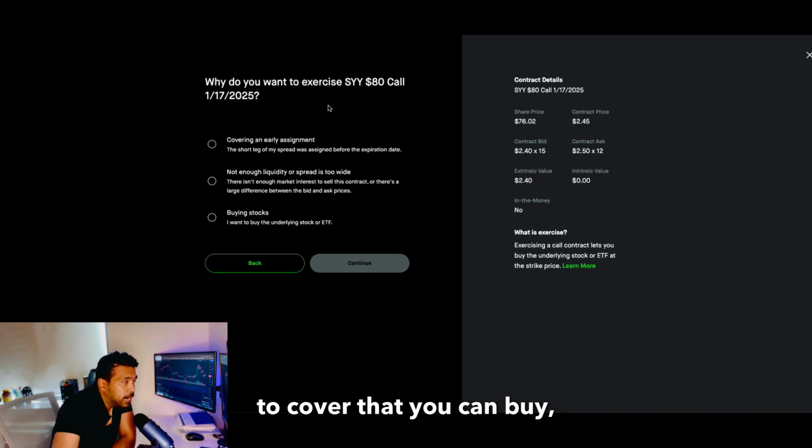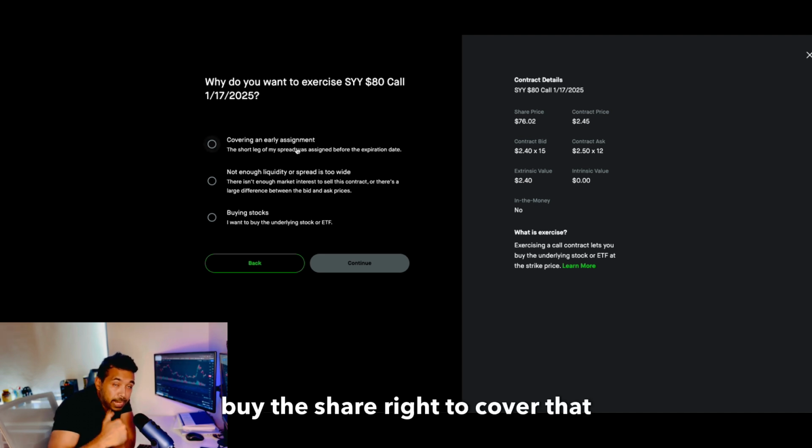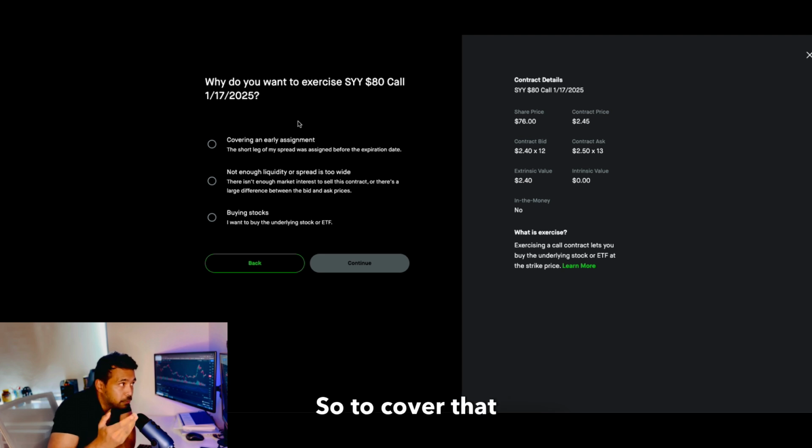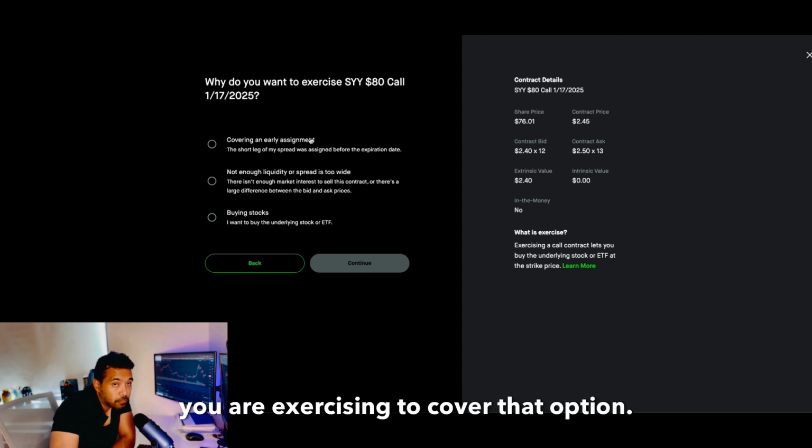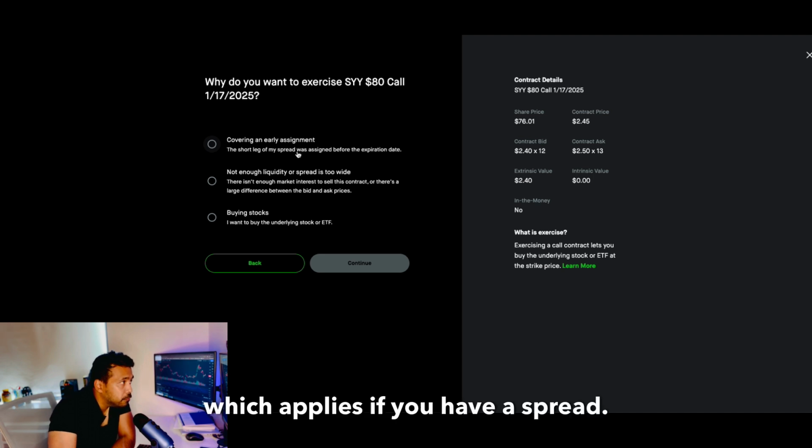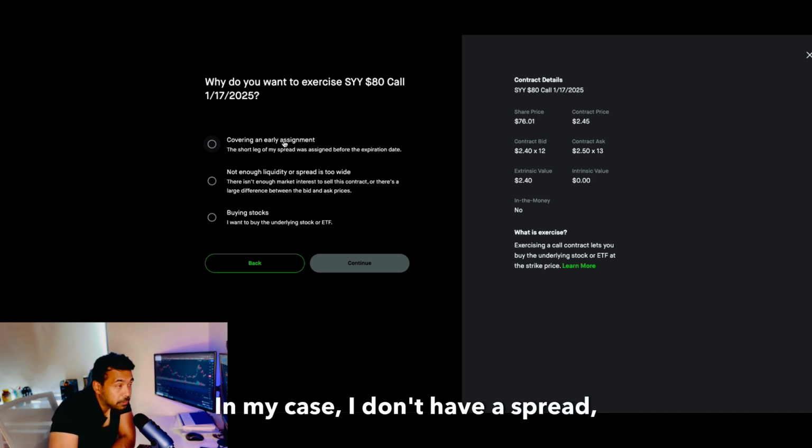To cover that, you can exercise and buy the share to cover that early assignment, right? That is the first one, which applies if you have a spread. In my case, I don't have a spread, so this is not applicable to me.